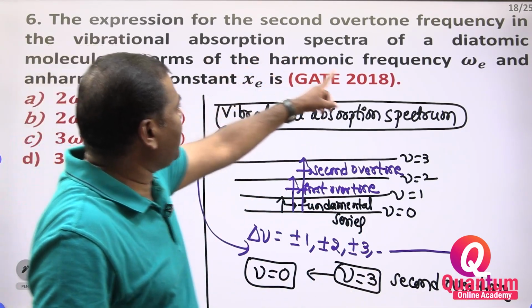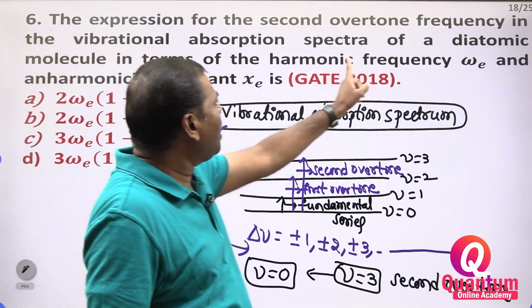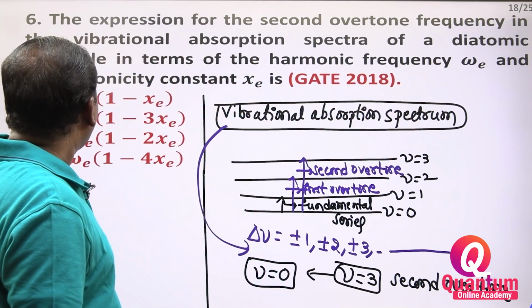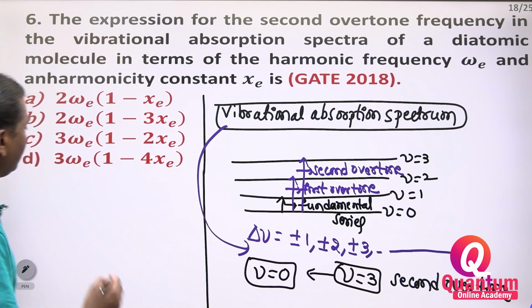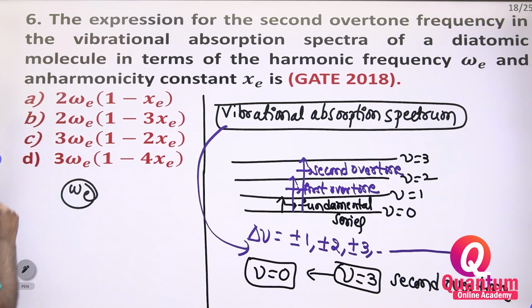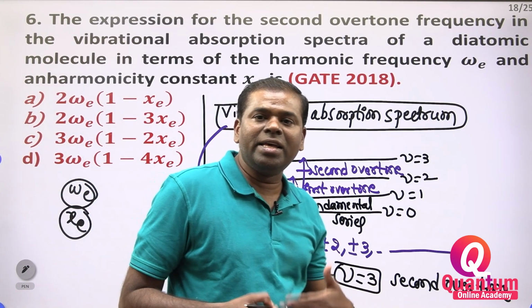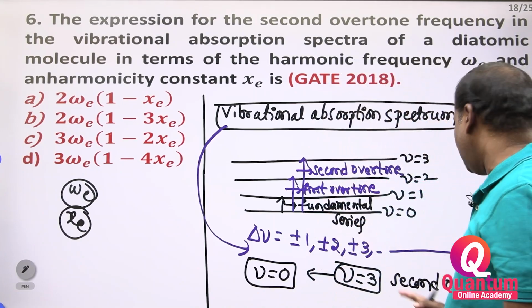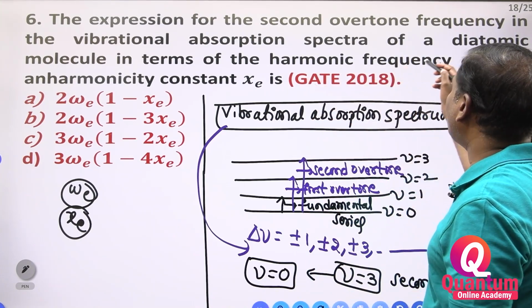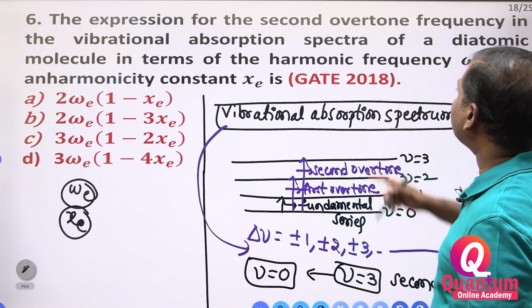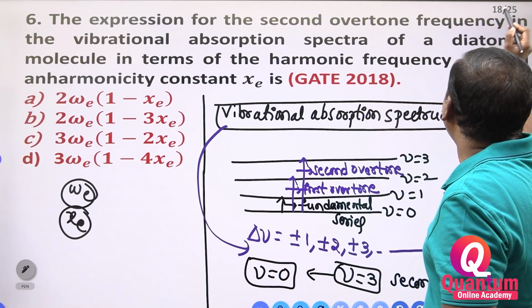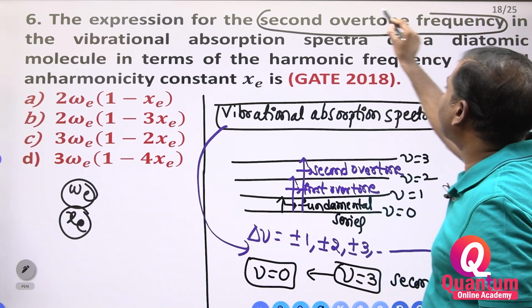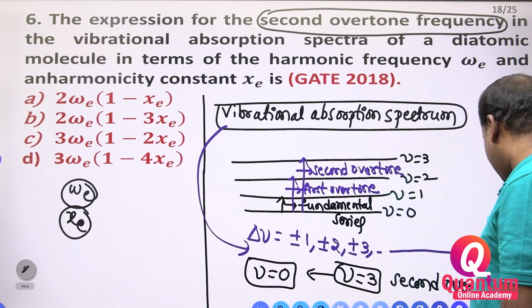What they are asking: a diatomic molecule, in terms of the harmonic frequency omega e and anharmonicity constant xe, what is the second overtone frequency? How we have to calculate it, you have to see.